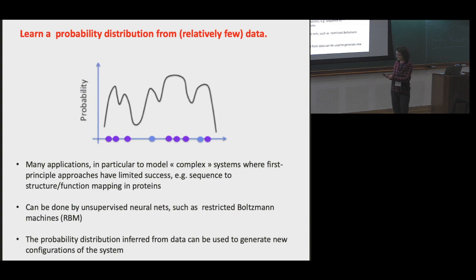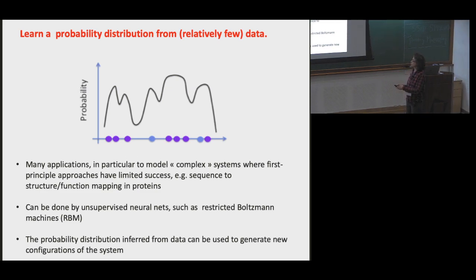The idea is that we'll deal here with unsupervised learning, in the sense that we have some data which are non-labeled, but we know that they are good configurations, so maxima of a probability distribution. And what we want to do is to infer this probability distribution from the data.